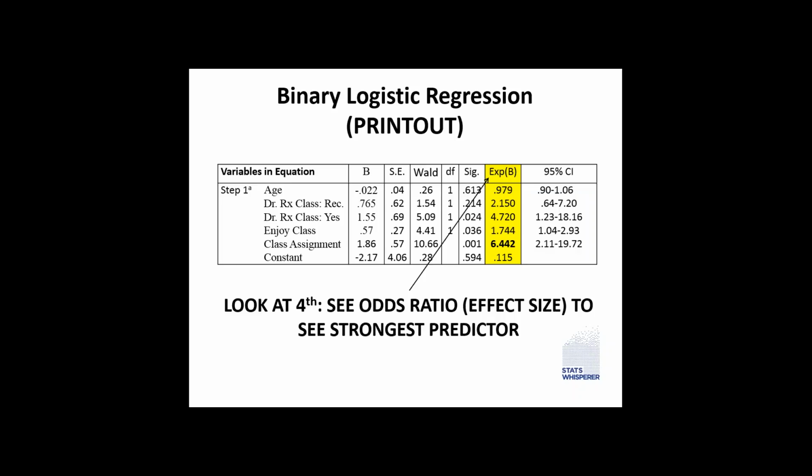That's 4.7, almost 5. So you would say in reference to the reference group, people that were prescribed meditation classes by their doctor were almost 5 times more likely to attend classes 3 or more days a week relative to, or in reference to, people that were not prescribed classes by the doctor.